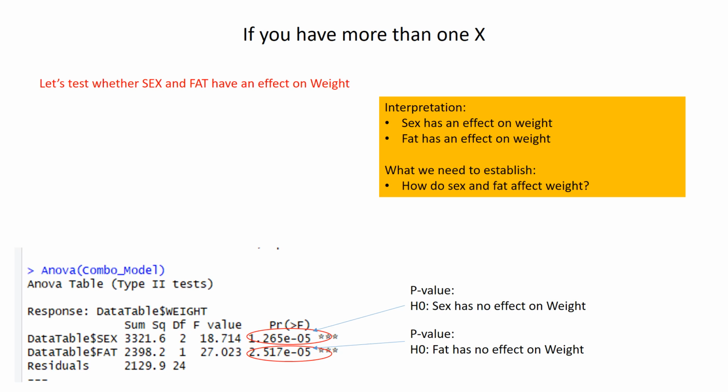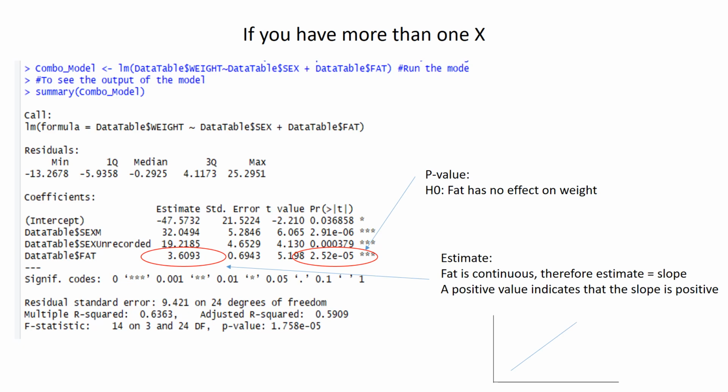So for that, we go back to our summary and we start off with looking at fat. And remember, fat is a continuous variable, so we are looking to see what the slope of fat is like. This p-value tests whether fat has an effect on weight. Our null hypothesis says fat has no effect on weight.